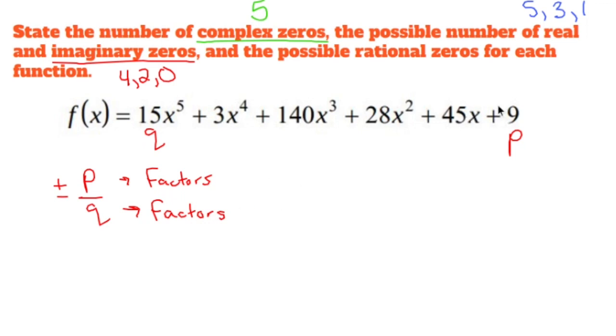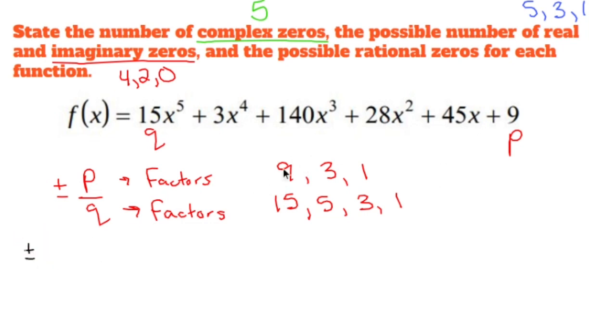So what are my factors of P? 9, 3, and 1. What are all my factors of Q? 15, 5, 3, and 1. Now what I'm going to do is list out all 12 possible numbers in the form P over Q. Technically it's 24 if I throw the plus or minus in there, so let's go in order.